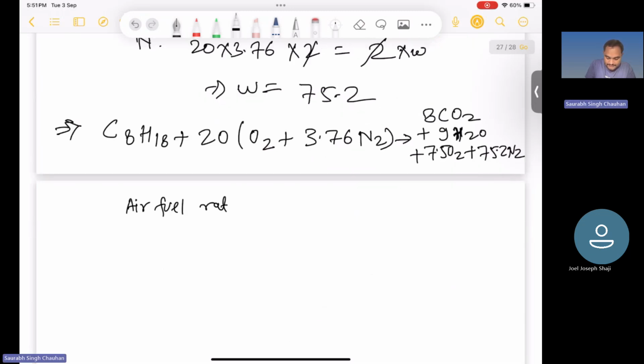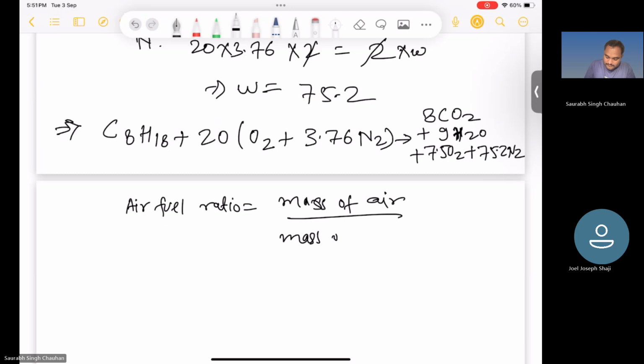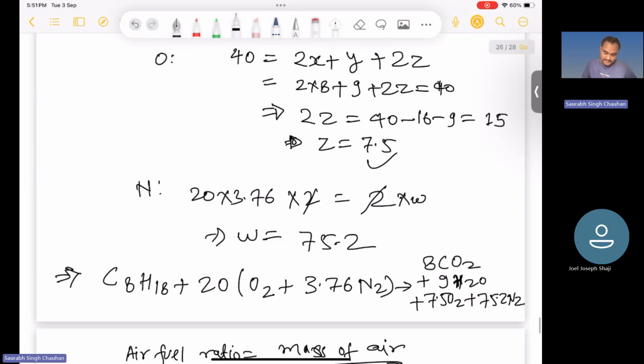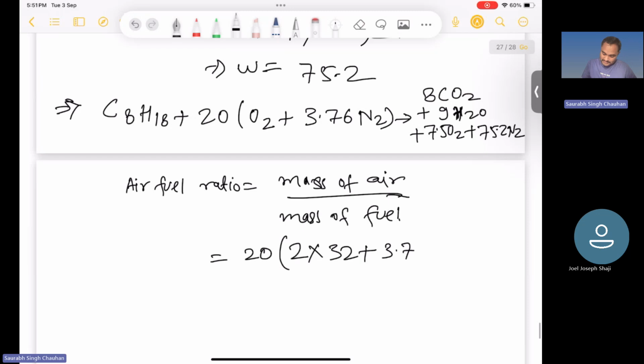Air fuel ratio means the mass of air to the mass of fuel. Okay, so the mass of air is how much? 20 into 2 into O2. What is the mass of O2? 32, right? And 3.76, how much it was? 76 into 28.